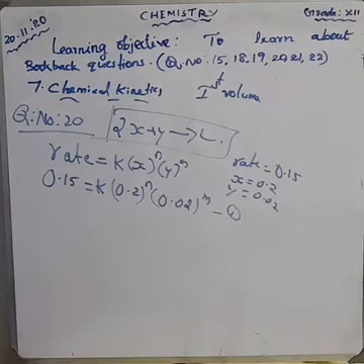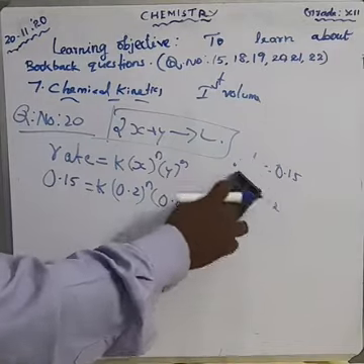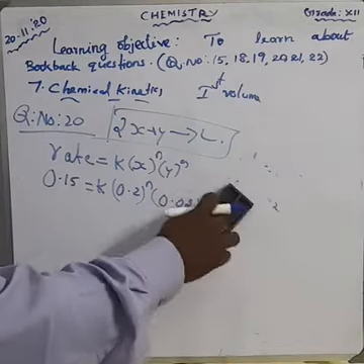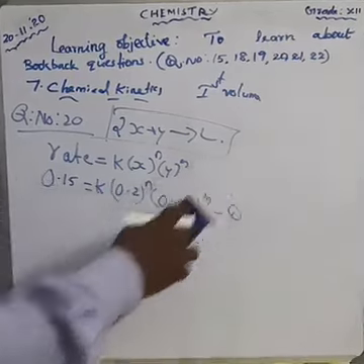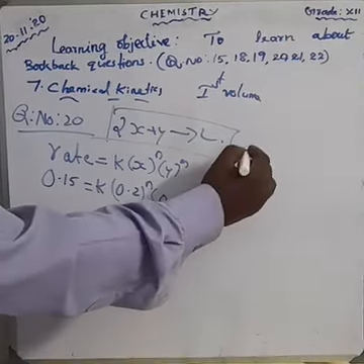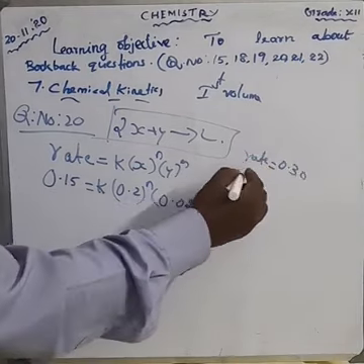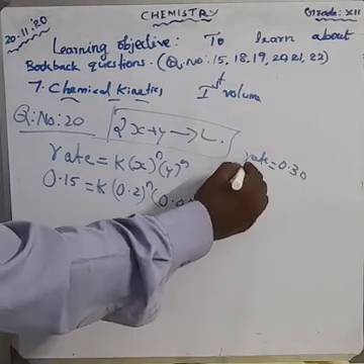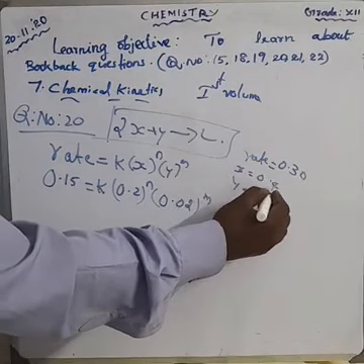As per the data, the rate is equal to 0.30, the X value is equal to 0.4, and the Y value is equal to 0.02.